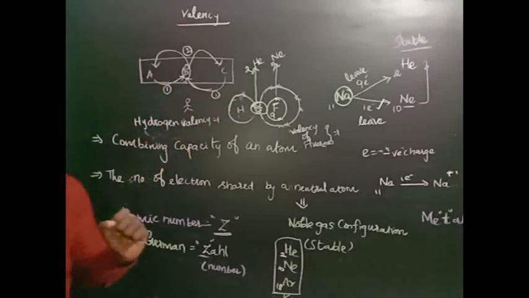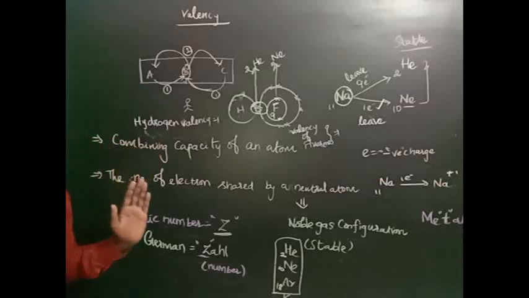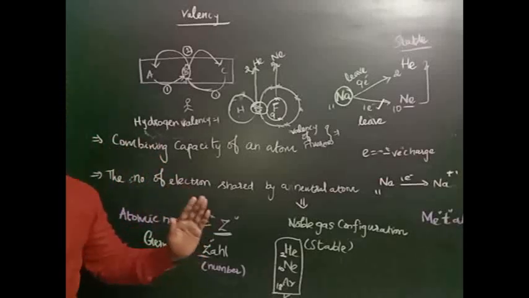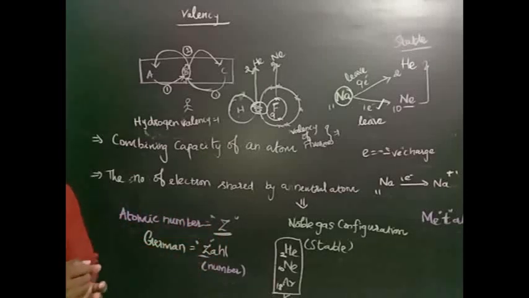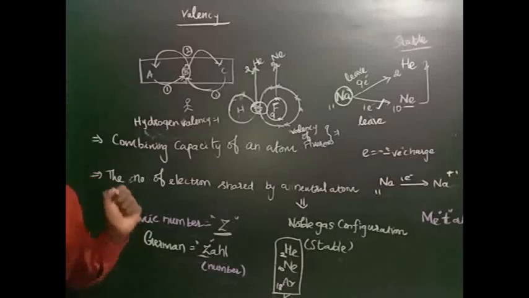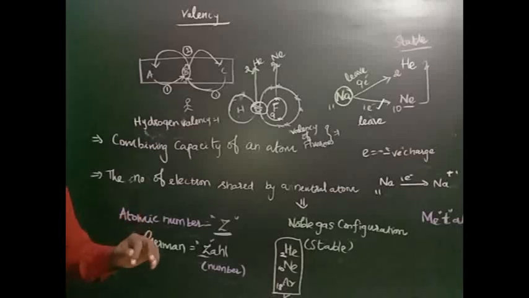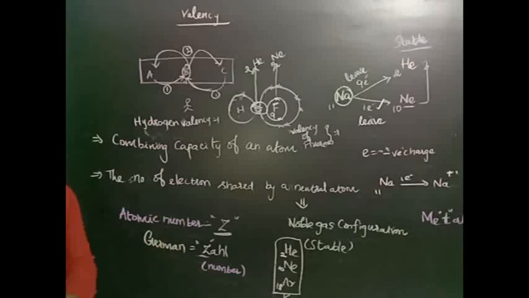So if a neutral atom is going to lose an electron, at that time it is losing its negative charge, so it gains positivity. So most of the metals have positive charges. If the element is shown with negative charges, it indirectly indicates it has gained more electrons. This is the valency concept.